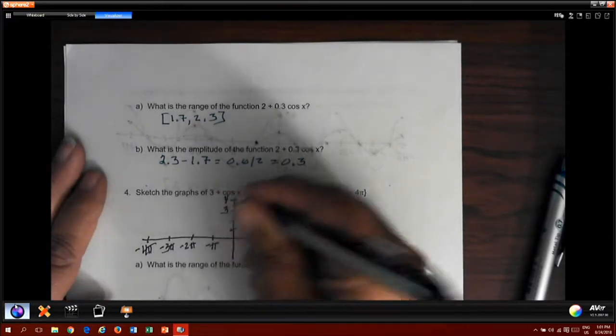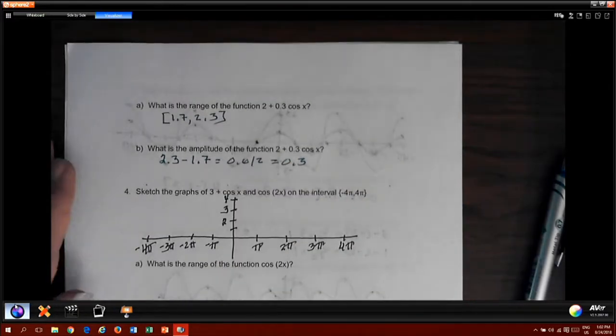That's going to be the midline, so we're really going from 2 to 4.